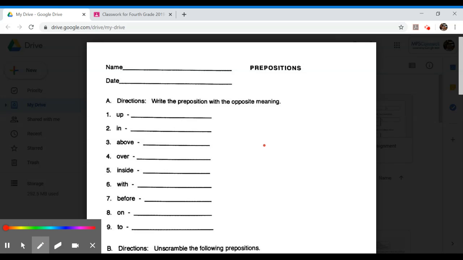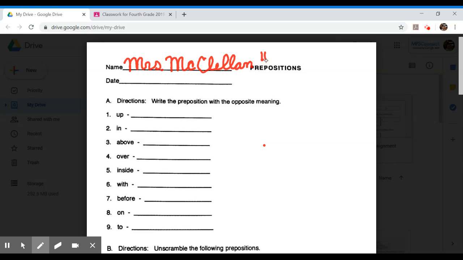So, first things first, I'm going to write my name on my paper. Even though we're not in school, you still have to write your name and number on your papers, please. Okay, and I'm going to go here. So the opposite of up is down. Okay, the opposite of in, I'm looking back at that list of prepositions that I showed you.